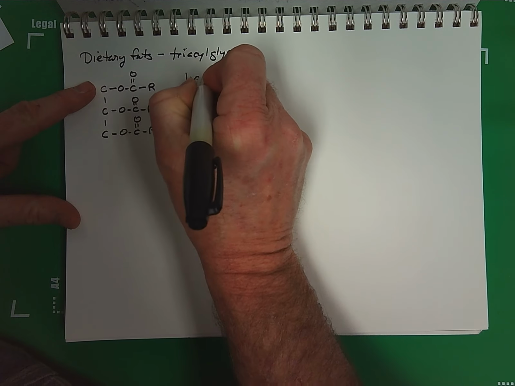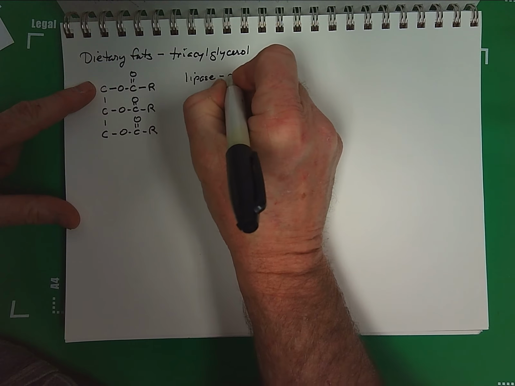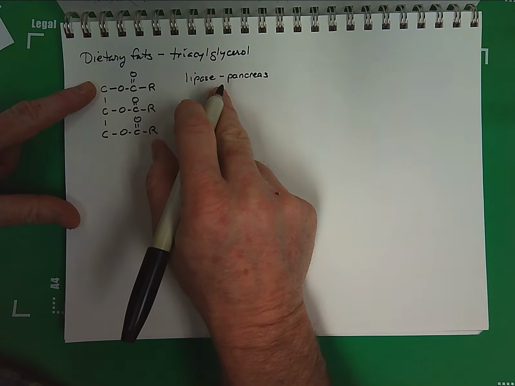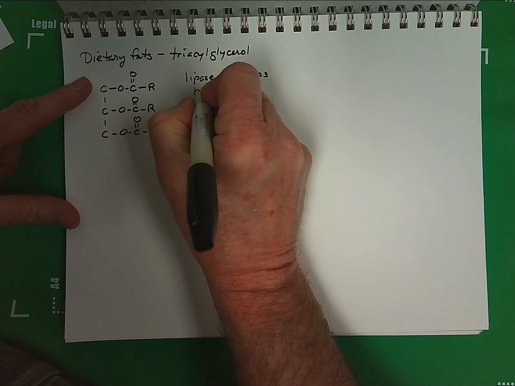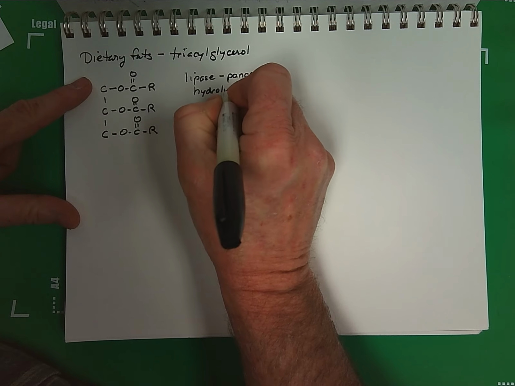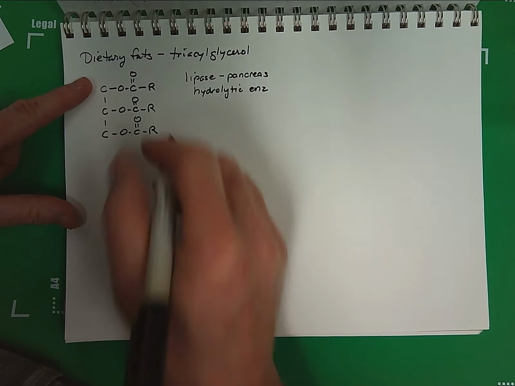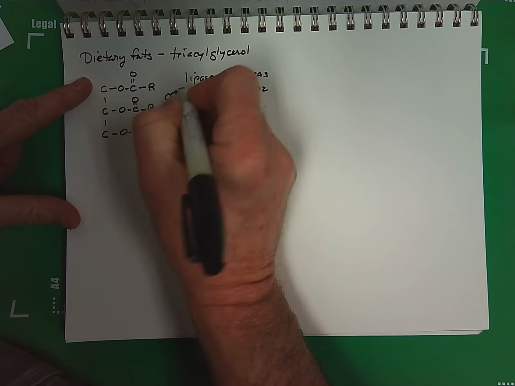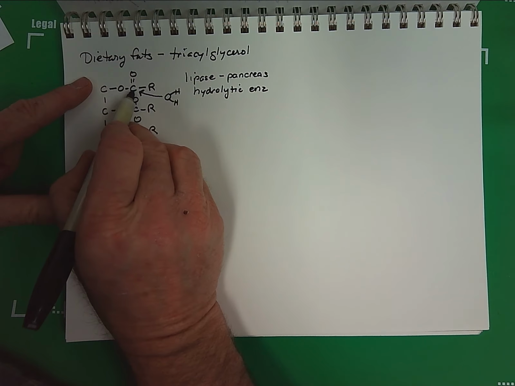In this case, we are going to use an enzyme called lipase. Once again, this, like the other enzymes, is made by the pancreas and secreted into the intestine. The lipase is a hydrolytic enzyme, so therefore it's going to take water, and it is going to apply water to attack the carbonyl of the fatty acid attached to the triglyceride.